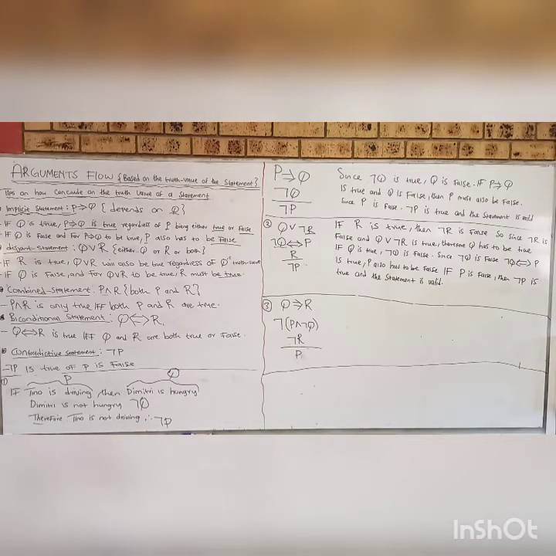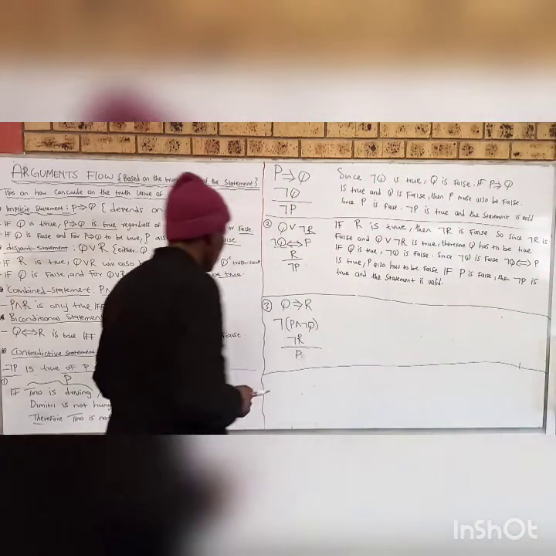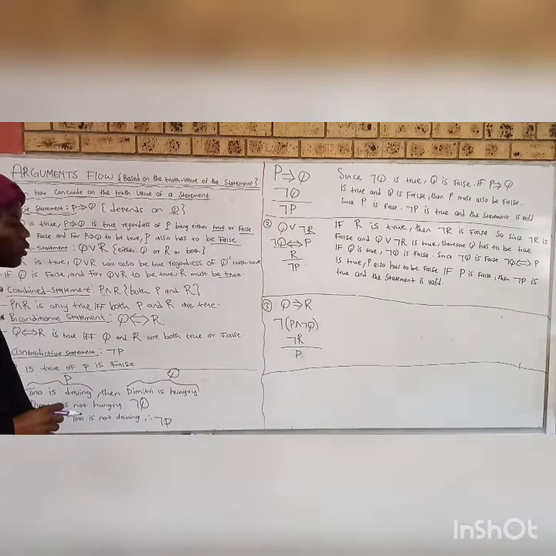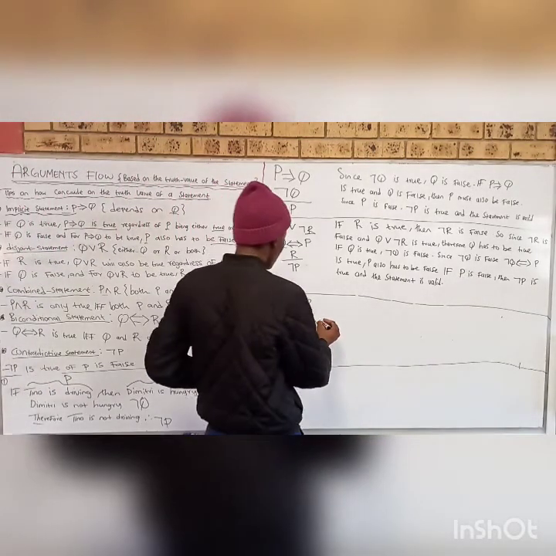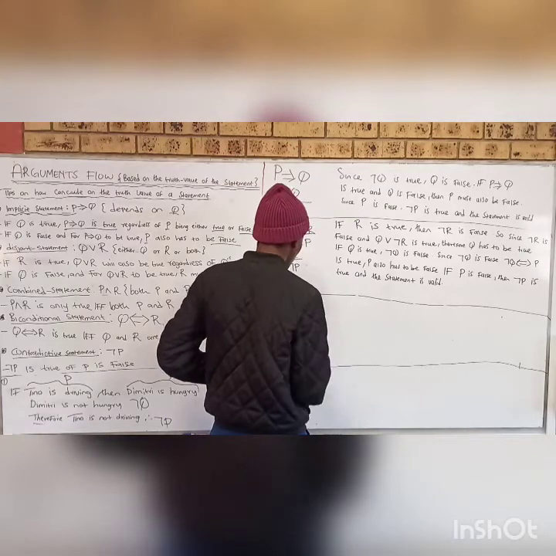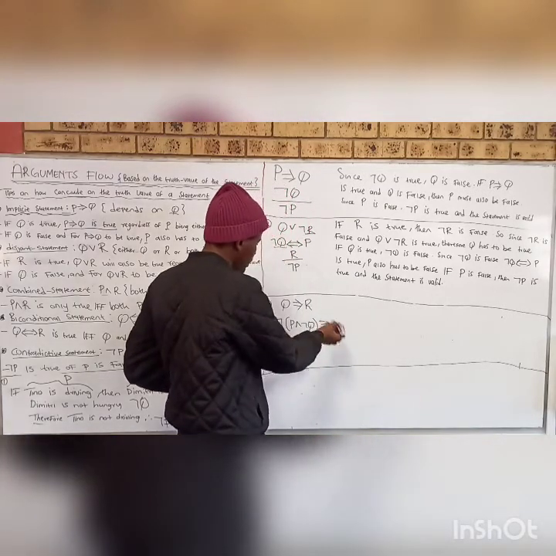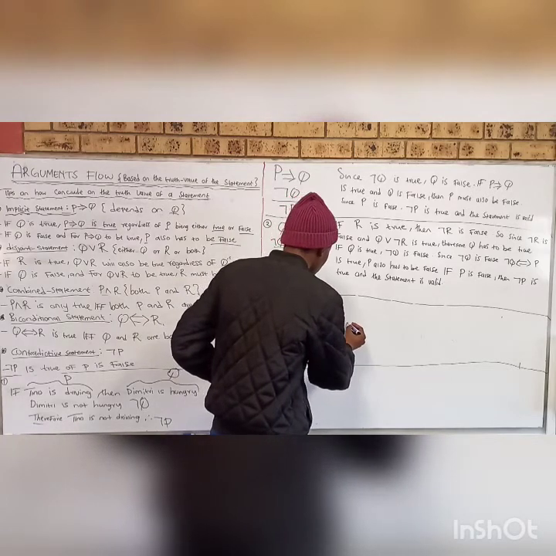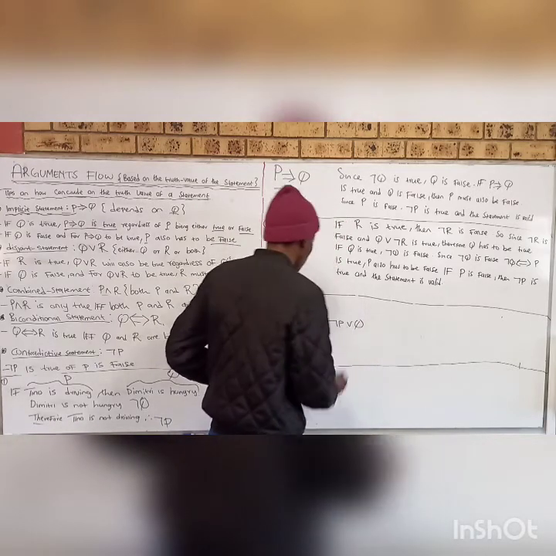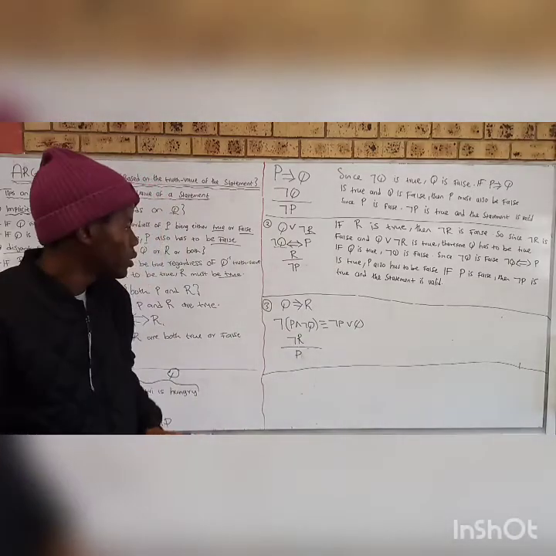Not Q implies R. So the negation of P intersect not Q. If I may recall, we talked about this. This, remember, is equivalent to, by De Morgan's, not P union Q. So you can take it this way, not to be confused.